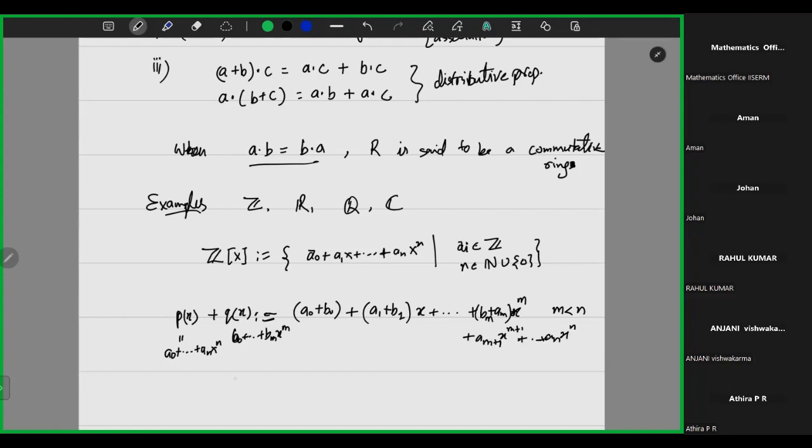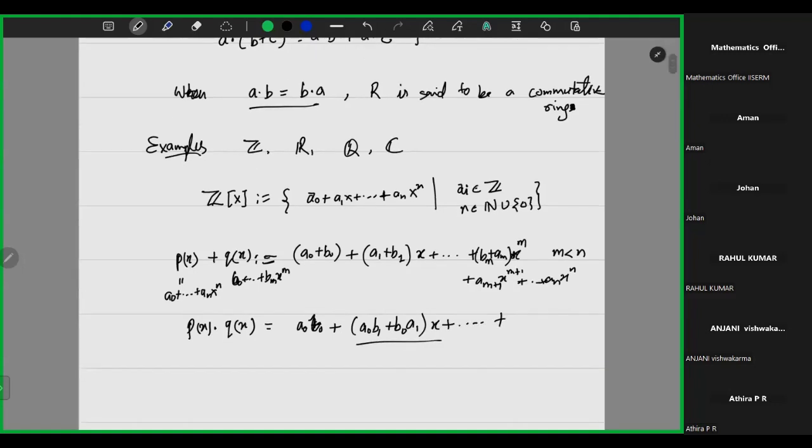Multiplication is different. The multiplication of p(x) into q(x) is a0 into b0, and the second is a0 b1 plus b0 a1 into x, and so on.